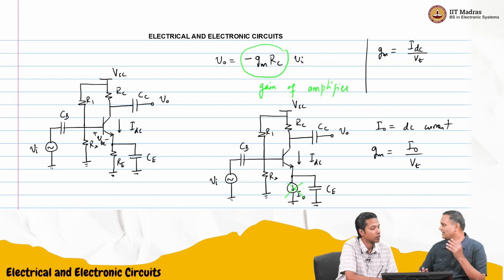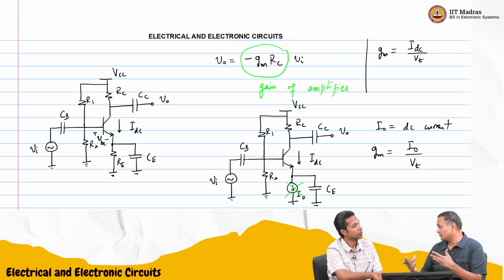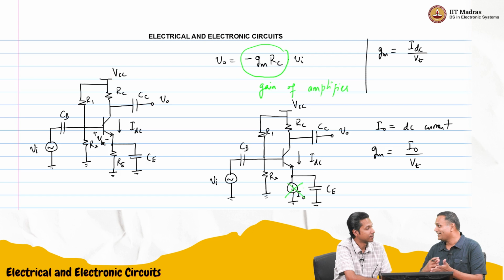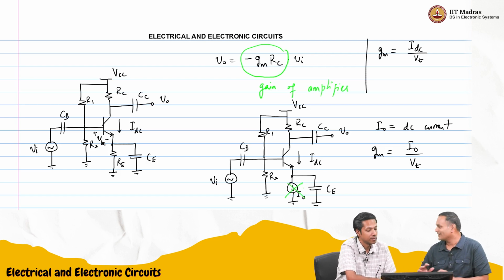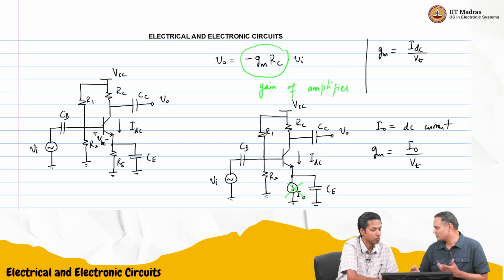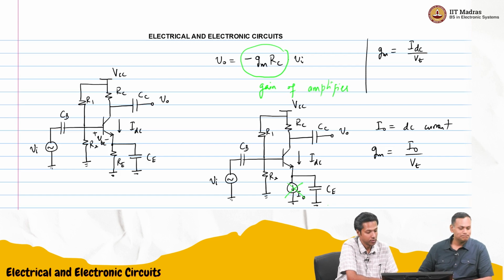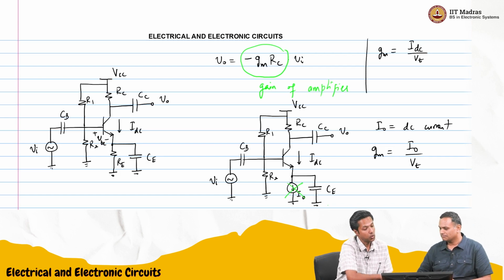If you do superposition between DC and AC, you will find that there is no AC current through I naught. And we wanted CE to be a short circuit so that all the AC current flows through that. Perfect. So once we have this I naught as a current source, still we will need R1, R2.